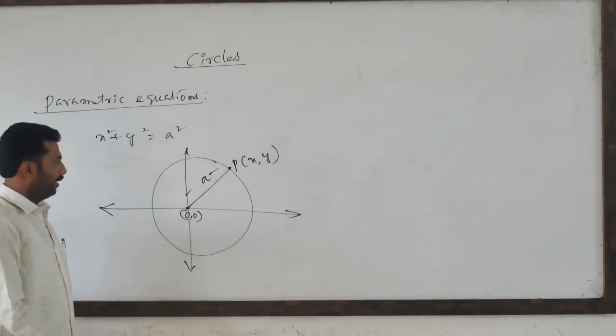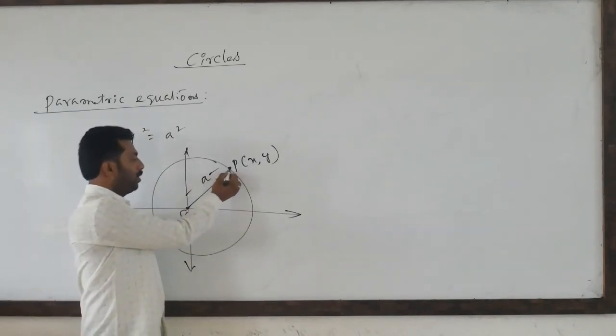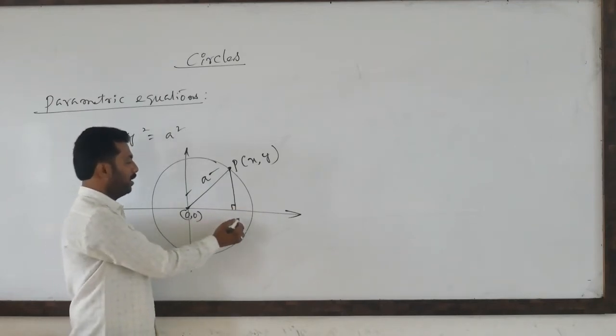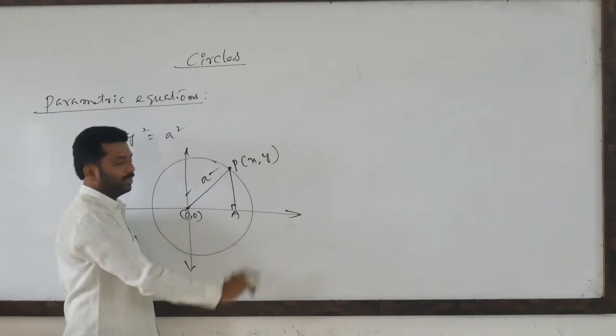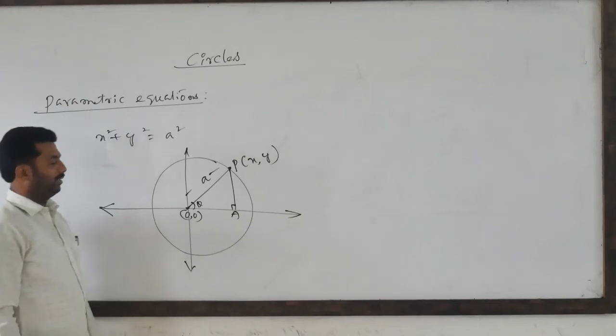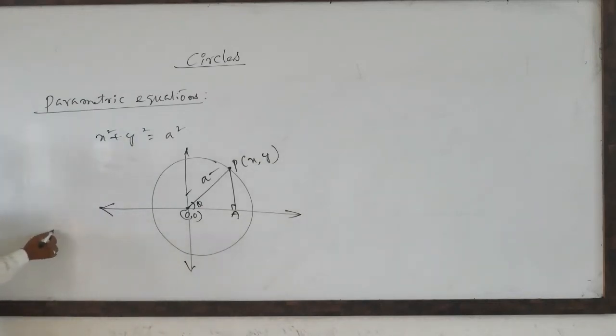From the P, just you draw one perpendicular to the x-axis at the point A we take. Suppose this angle is theta. So theta is a parameter.